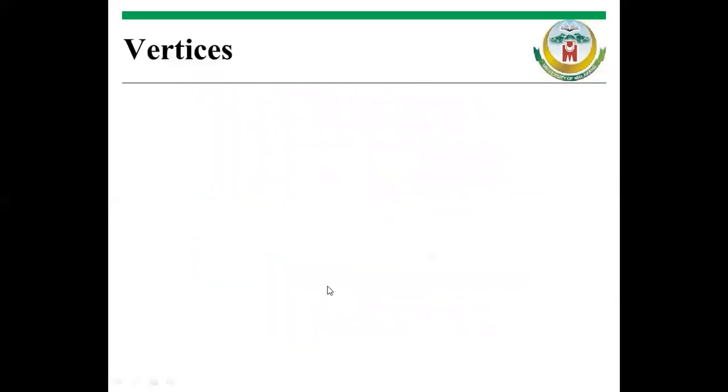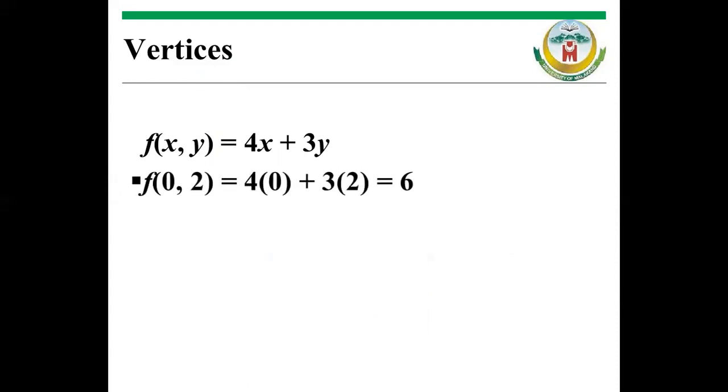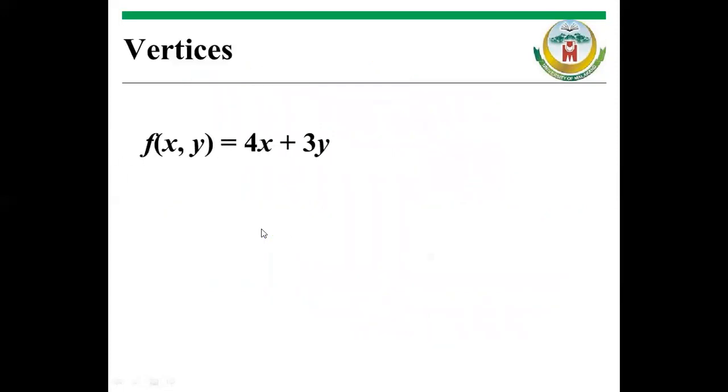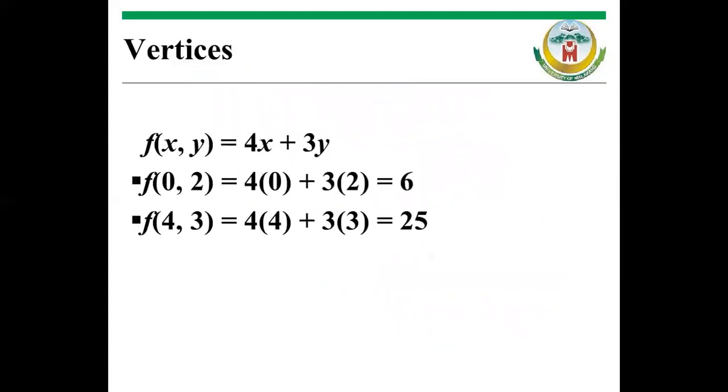The vertices are 0, comma 2. This is 0, and this is 2. X is equal to 0, y is equal to 2. Okay, so this is 0, comma 2, and 4, comma 3.